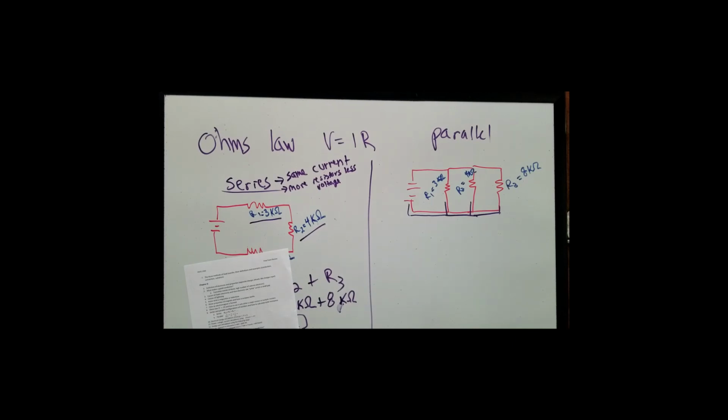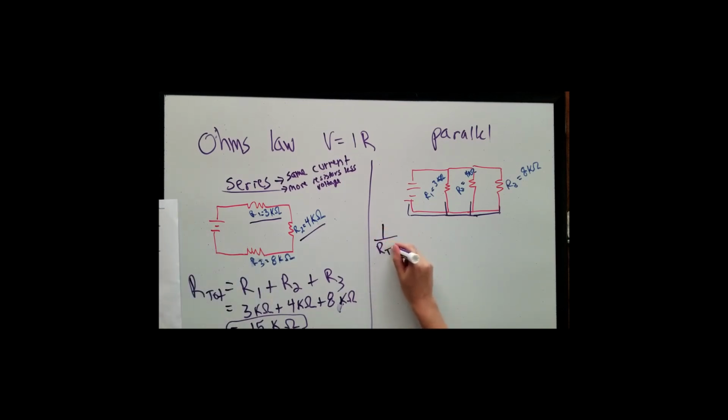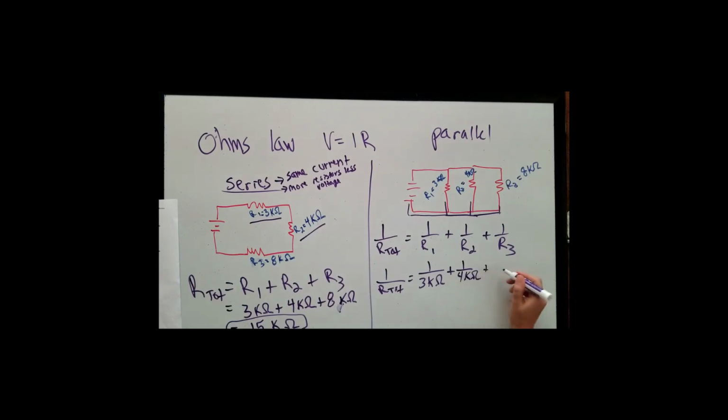All right, so let's do the calculation. So the hard part about parallel is the calculation for your R total, because it's 1 over R total. So if I had 3 resistors, just like I did over in my series, it would look something like this, and I would plug in 1 over 3, and I'm going to do kiloohms again, just so you can see that you're not changing the number at all, you're just using different units. Kilo instead of the base unit of ohms. We have 4 kiloohms here, and 8 kiloohms. Now I know this might be boring you because you just did this one.